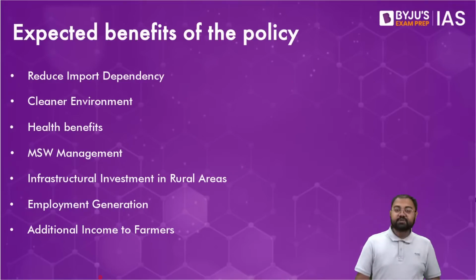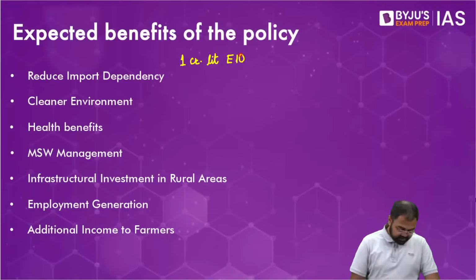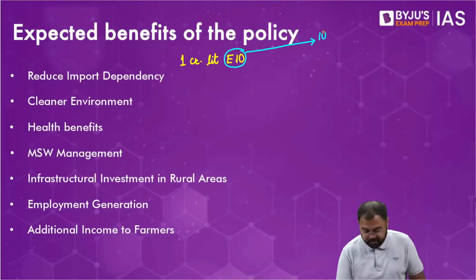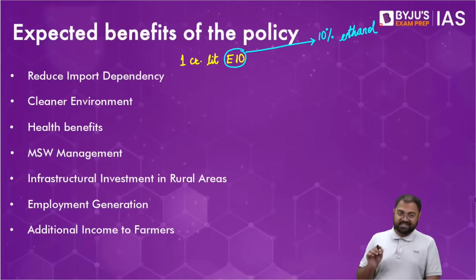The data brought forward by the government while they announced the new biofuel policy said that if there is 1 crore liters of E10 fuel, E10 basically means 10%. E10 means wherever there is 10% ethanol. That's why it is called E10.